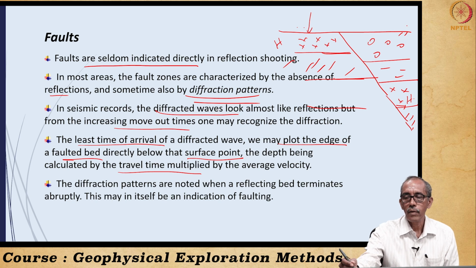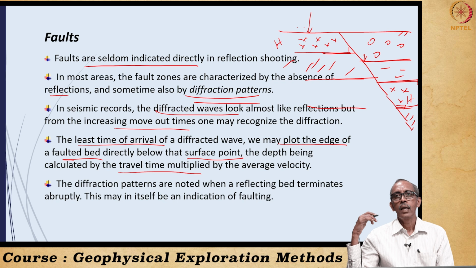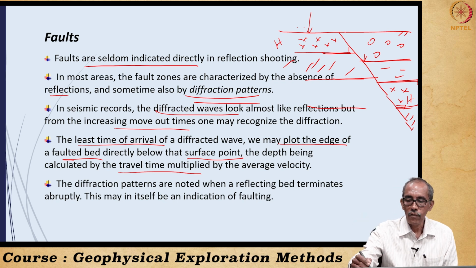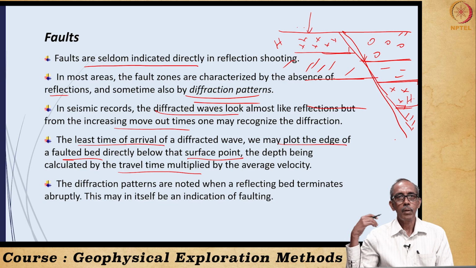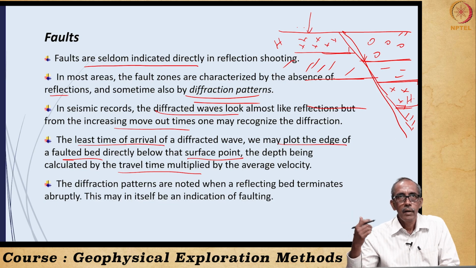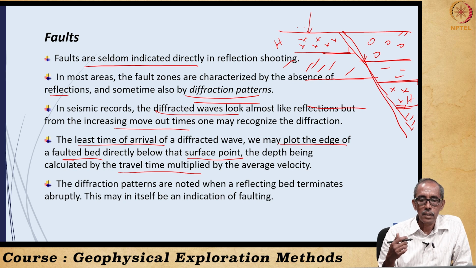When you conduct a survey on the other side of the fault, here too we are estimating the depths, which are different. Here is the estimated depth, here the estimated depth is different. This itself indicates that something fishy has happened in between, probably a fault. Right. So, this is how we indirectly infer the presence of a fault by estimating the depth of layers.